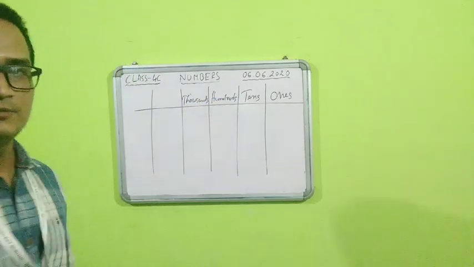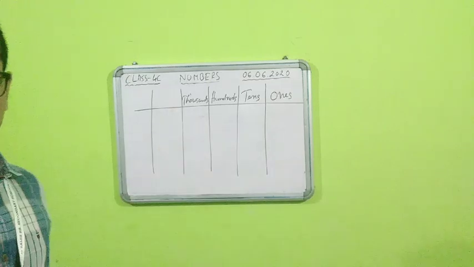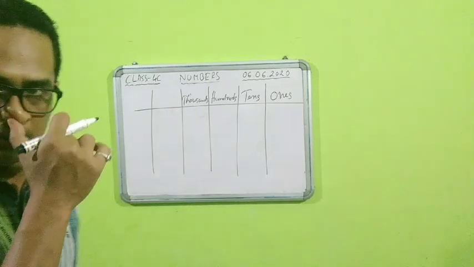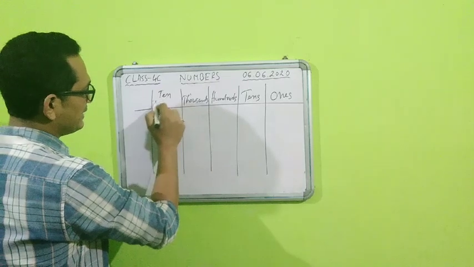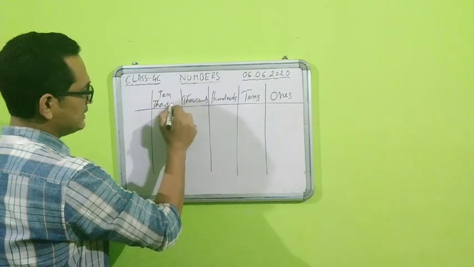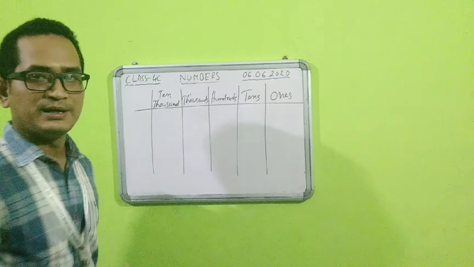So students, till here we got last year, 4-digit numbers in last year's classes. Now 10,000 will come. This is the extra that we are going to get this year, the 10,000 place.